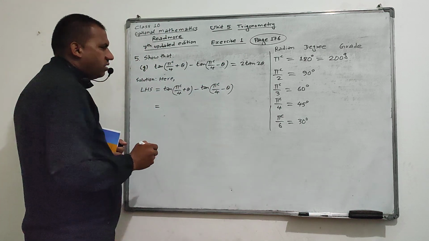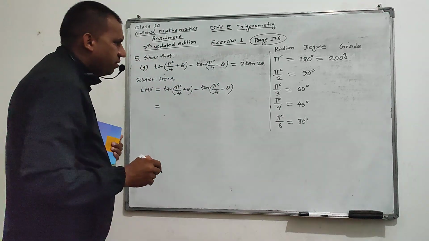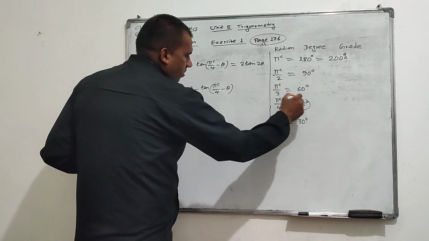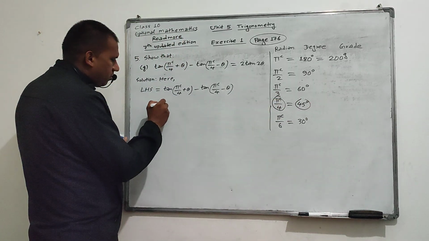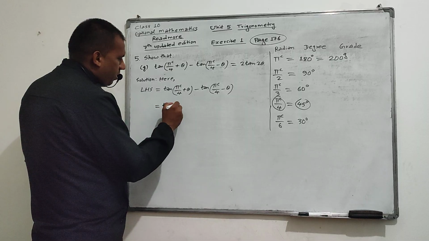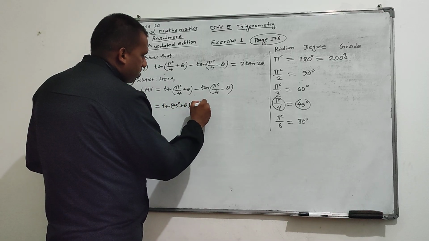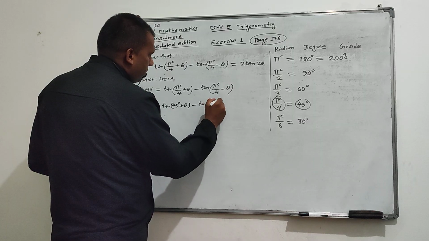Now we can convert pi divided by 4 in terms of degree. Pi by 4, that is 45 degree. So tan(45 degree plus theta) minus tan(45 degree minus theta).